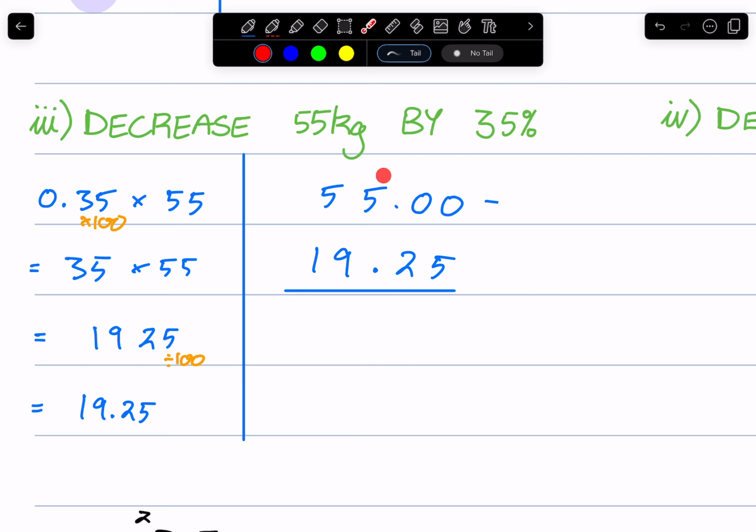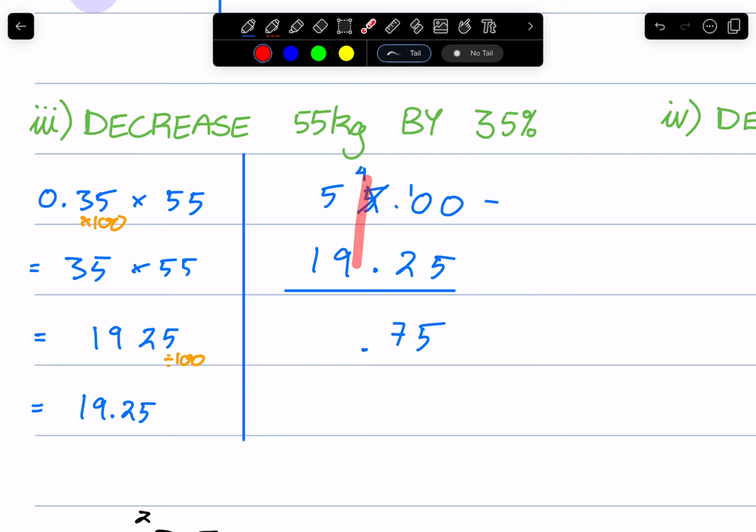For this, I'm going to borrow from this one. So this is now going to be considered as a 4. And that 1 is going to be here. I'm going to treat this as 100 minus 25. This gives me 0.75.